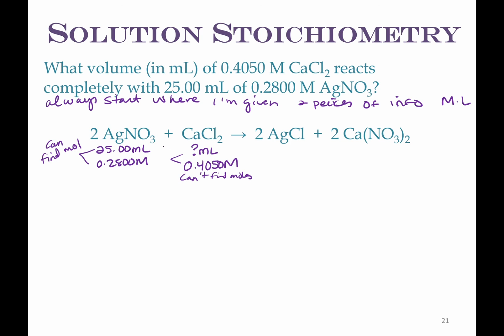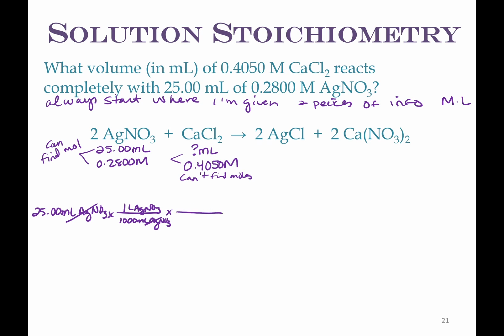So I have the volume, but it's in milliliters, so 25 divided by 1,000. So we're going to start this with 25 milliliters of silver nitrate. There are 1,000 milliliters in 1 liter. That's just a unit conversion.